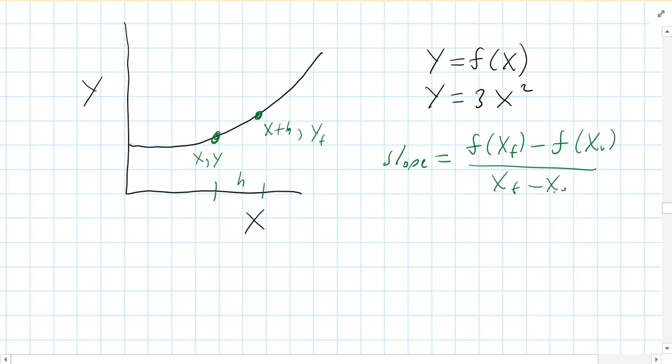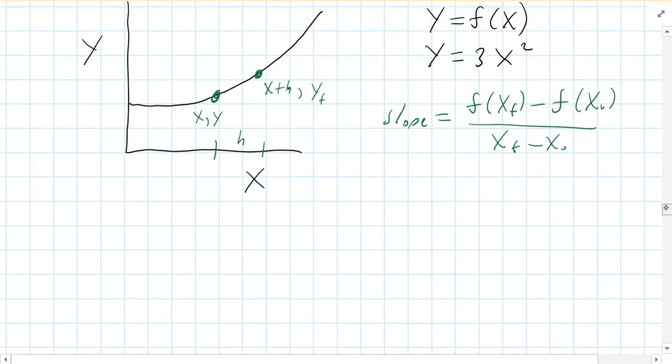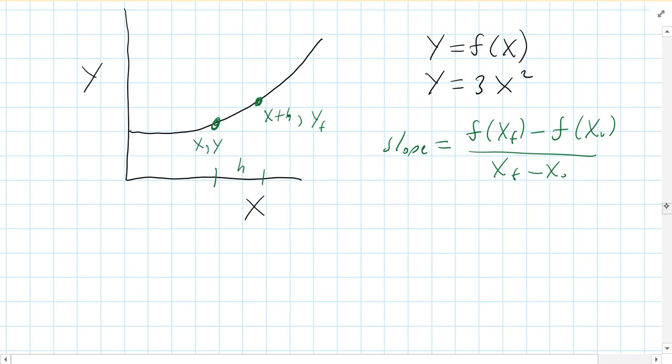Okay, and for some of you, you might be starting to recognize this. So I'm going to go ahead and plug in, for this example, instead of x final, I'm going to plug in x plus h. So slope is the function of x plus h minus the function, and instead of saying x naught, I'll just say x now.